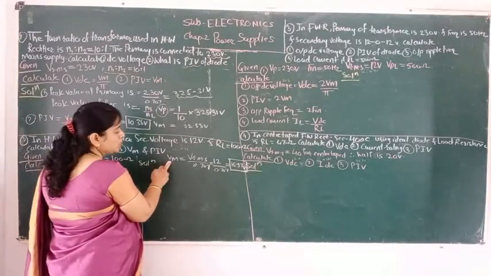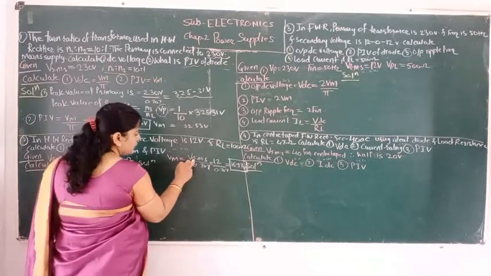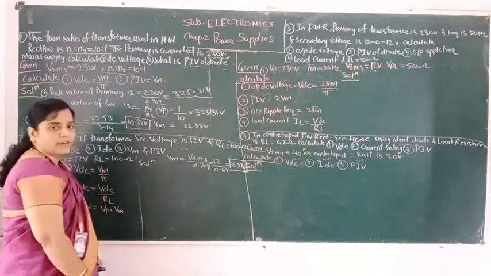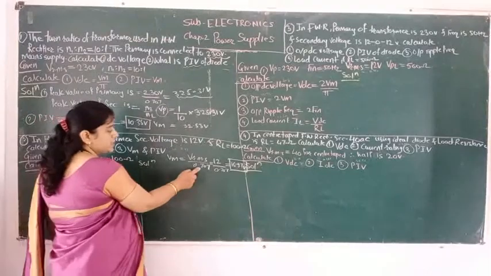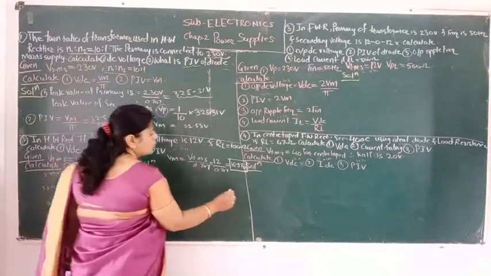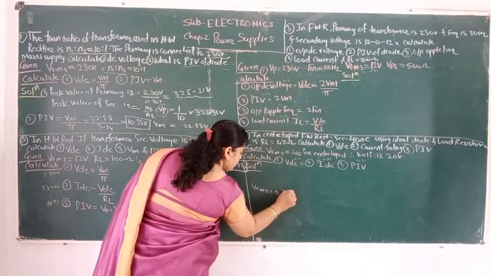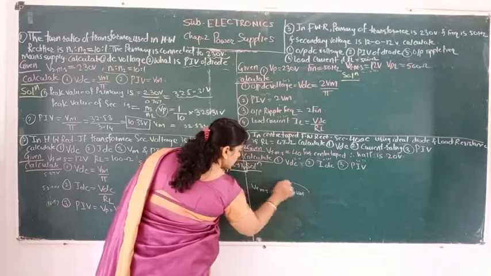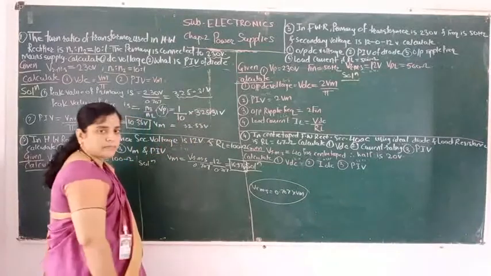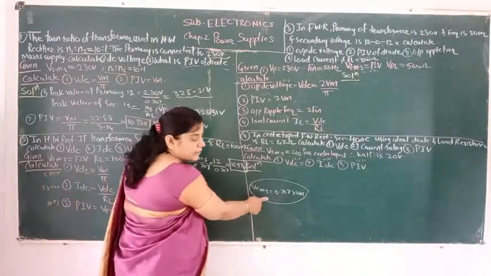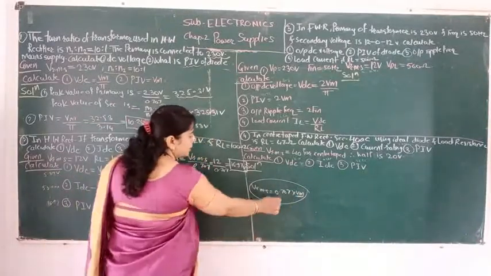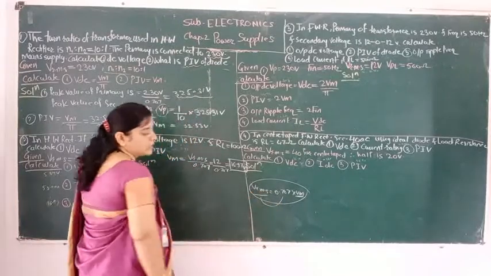How can we calculate this? VM is equal to VRMS divided by 0.707. How can we get this equation? VRMS is always equal to 0.707 into VM. This is the main equation that you have to keep in mind. If you want to calculate VM, then this 0.707 comes under this.